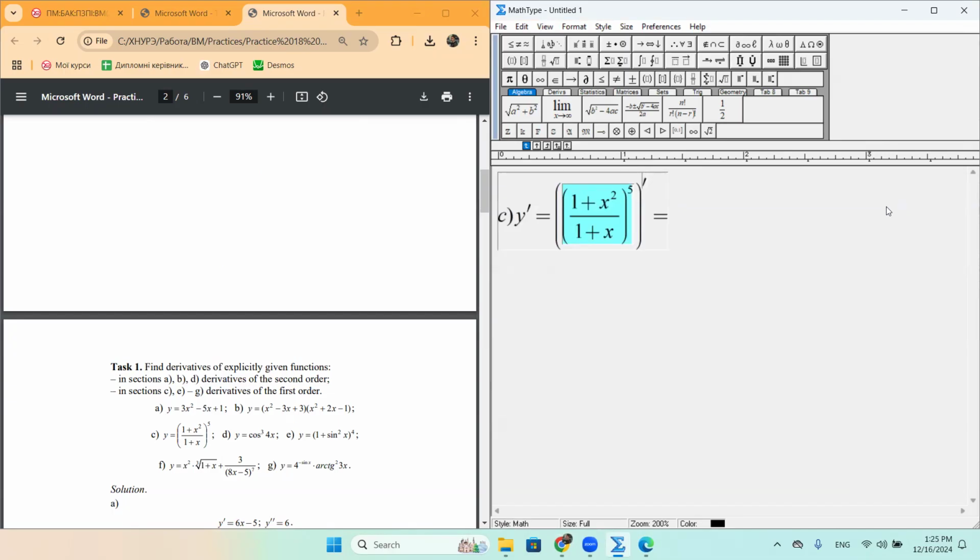So 5 by this expression to the power of 4, and then we multiply by the derivative of this fraction. So now we differentiate the fraction.